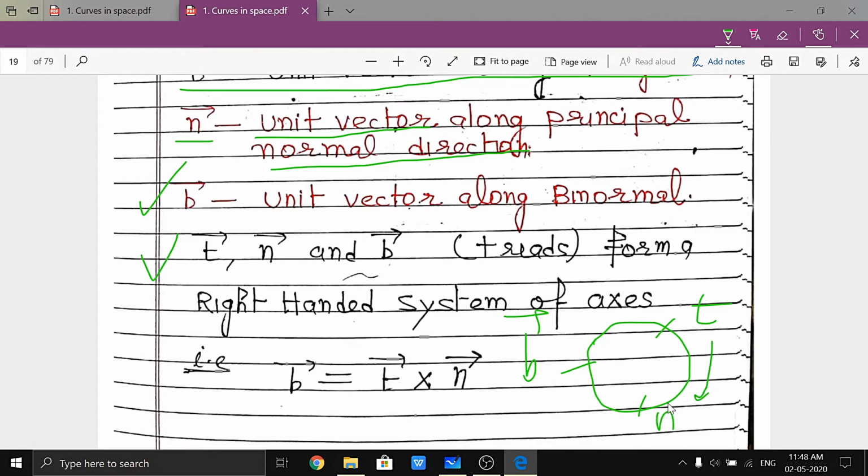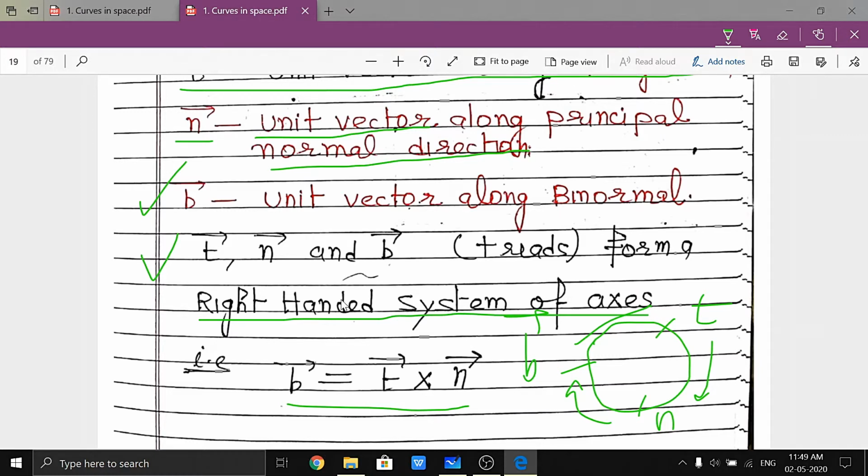In this way, we can find the third vector from two vectors. Similarly, B vector can be written as T cross N vector. So they form a right-handed system of axes.